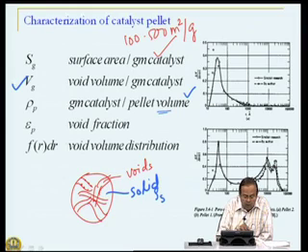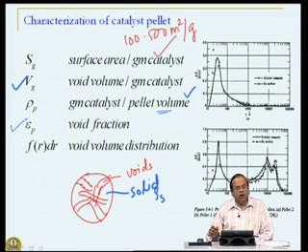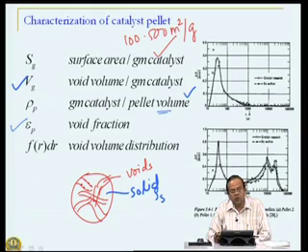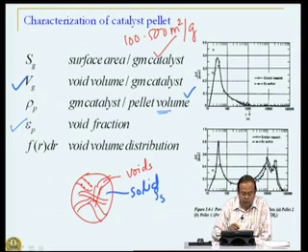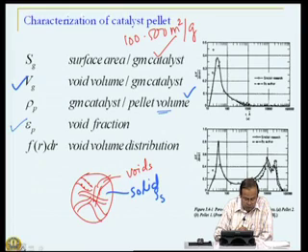We then have another important property, epsilon p, which is the void fraction, and void fraction is nothing but the volume of the void divided by the volume of the catalyst pellet. So, these quantities of course are not completely unrelated to each other.